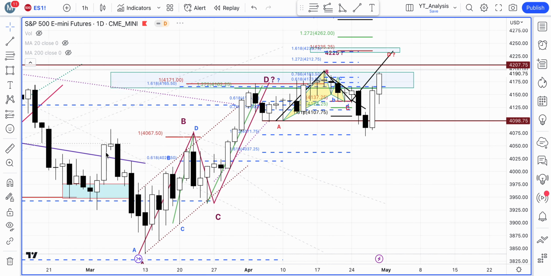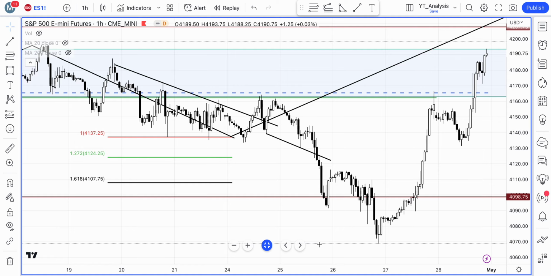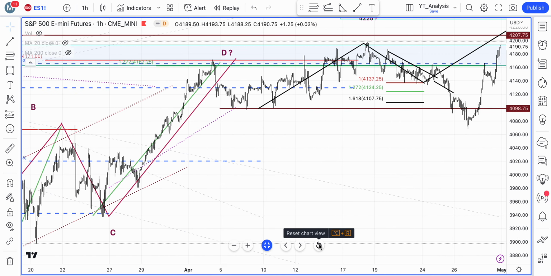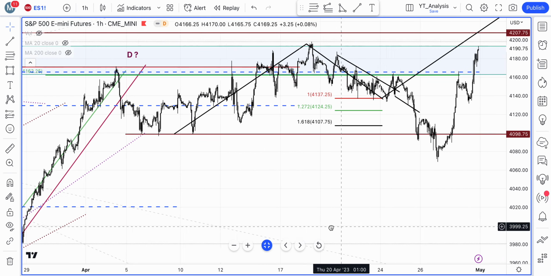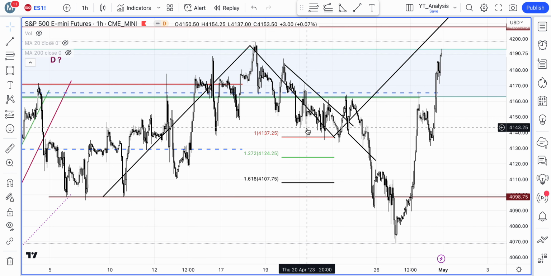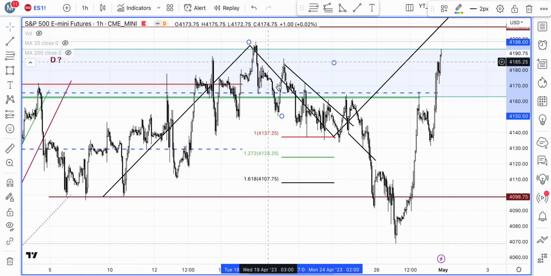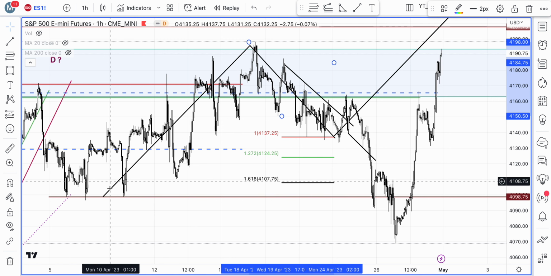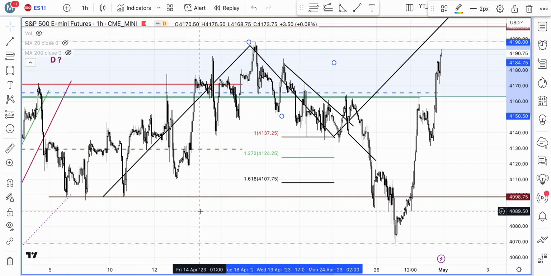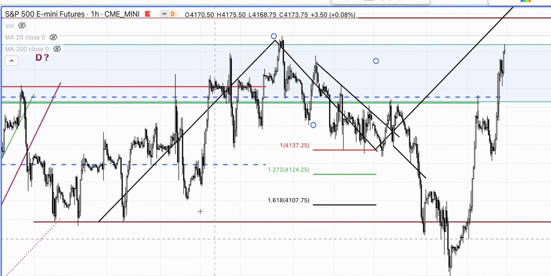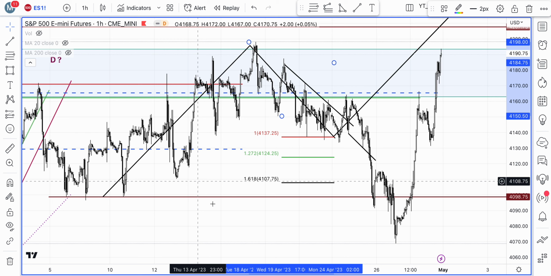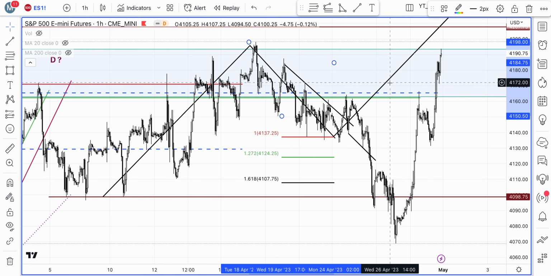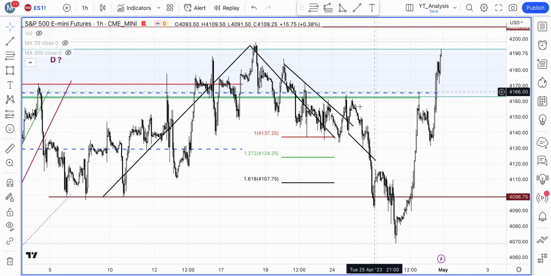Let's go down to an hourly chart and revisit that area. There was a one-to-one ABCD formation on the 1 hour chart, and look, three times support here. It looked like the 61.8% retracement level was going to be a pretty good level of support, but in fact it did not hold, which is fine.